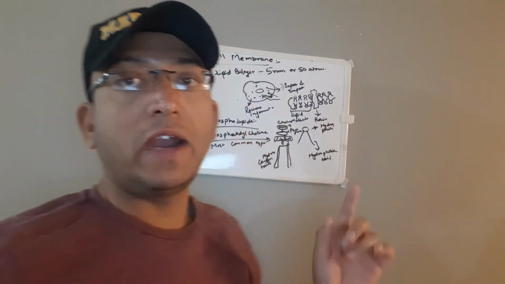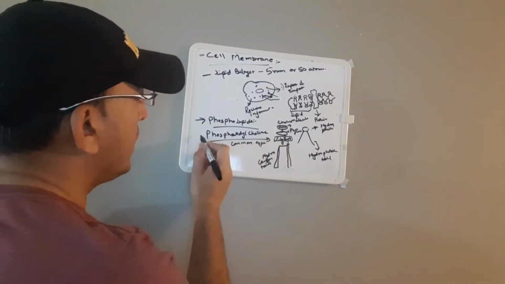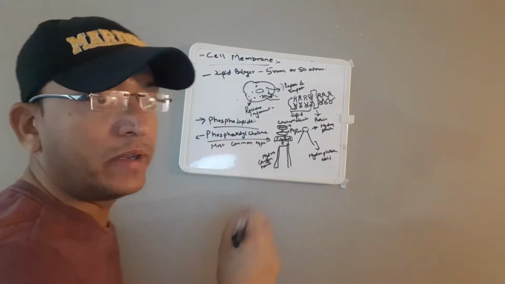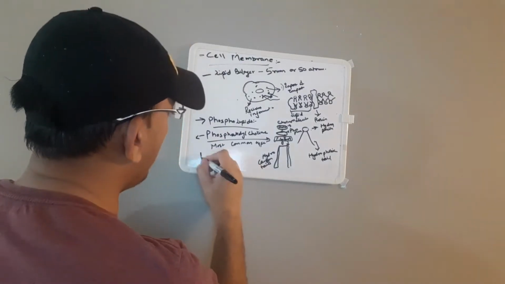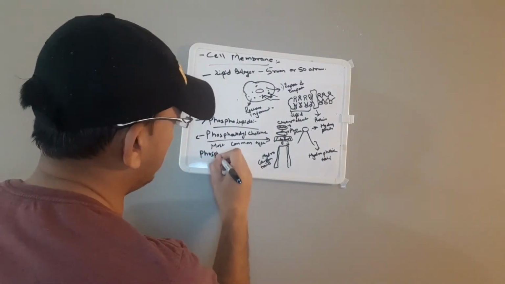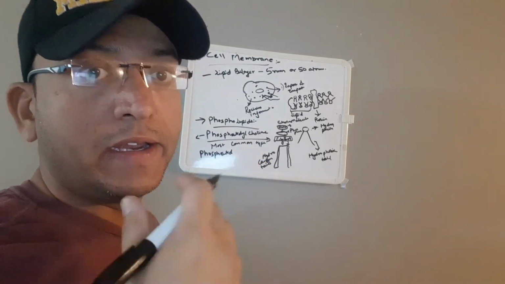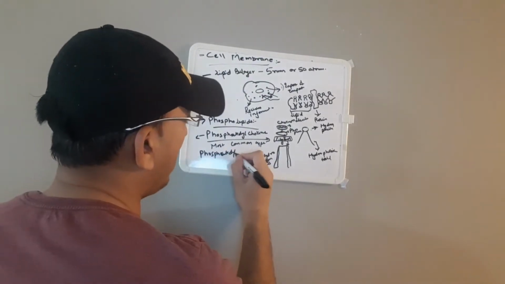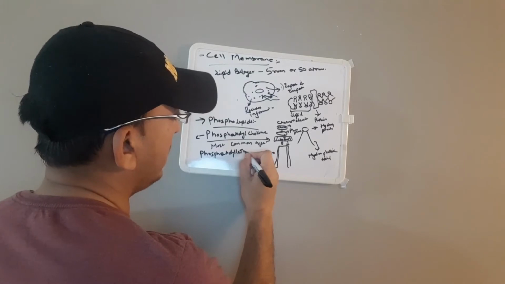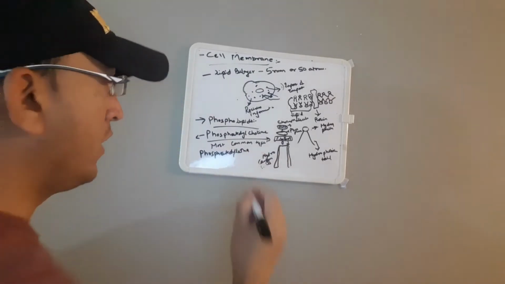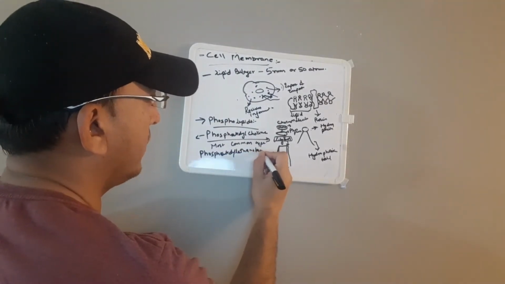Besides phosphatidylcholine, there is another major lipid found in the cell, phosphatidylethanolamine.